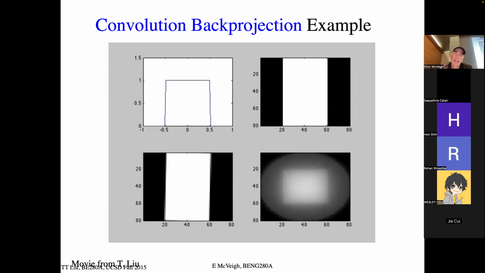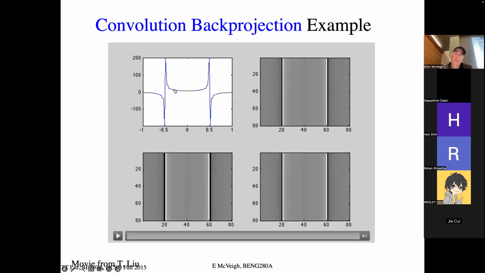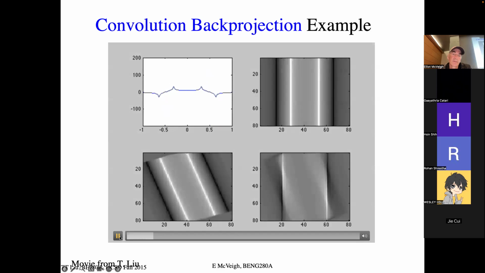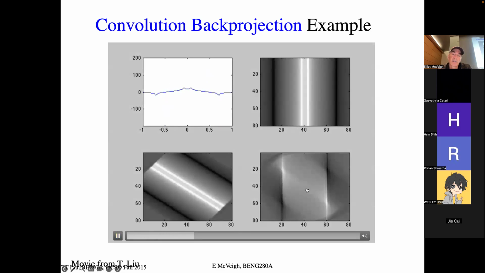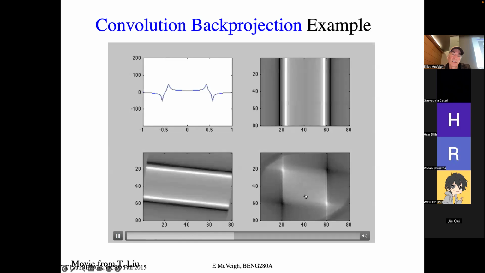And instead of doing that now, let's look at adding up these G star L theta functions, right? Which we have convolved with the inverse Fourier transform of the ramp to get these, right? They look quite different, right? And then as we add those up, you can see the object starts to come into focus.